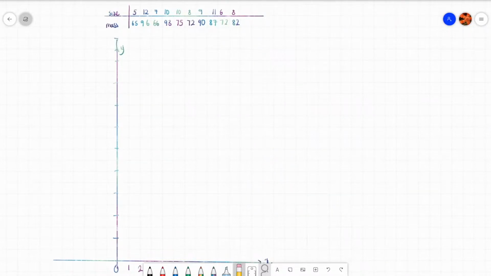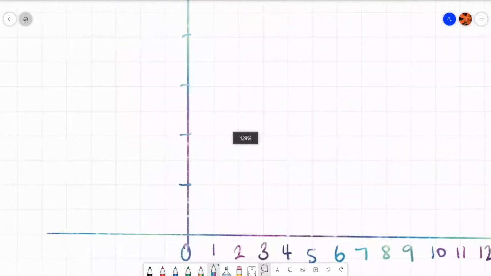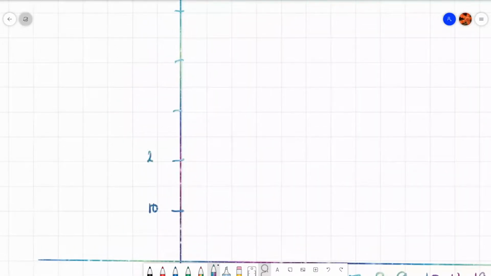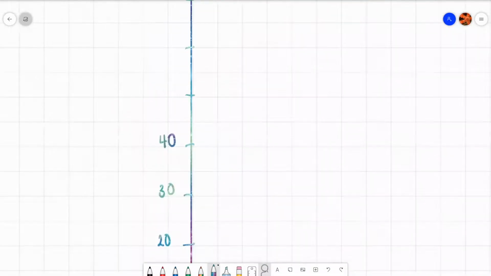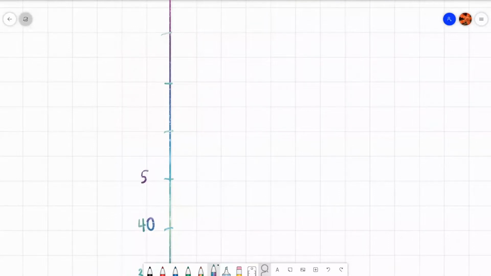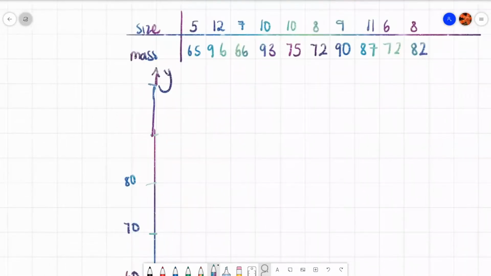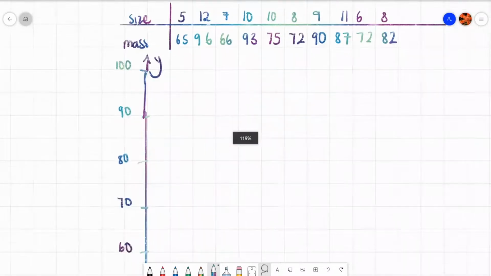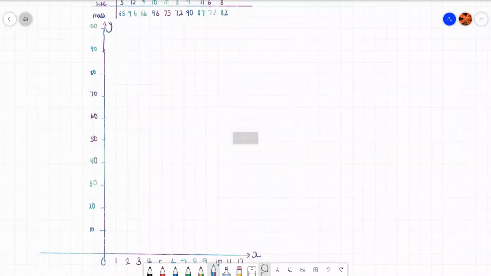Sometimes you might have to adjust your line. Okay, and let's write the numbers in: 10, 20, 30, 40, 50, 60, 70, 80, 90, and 100.